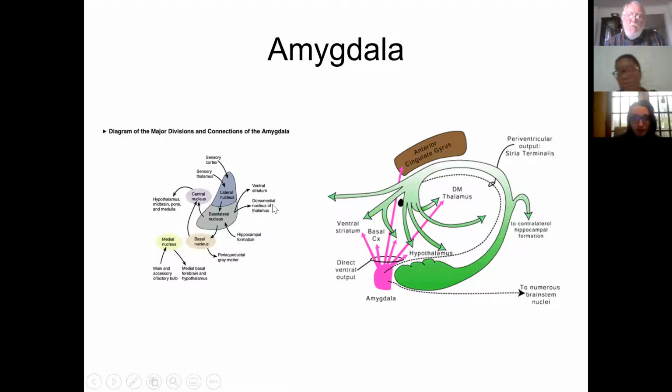You could see that coming in from the basolateral nucleus. So the basolateral nucleus is getting all of the eventual indirect sensory information.